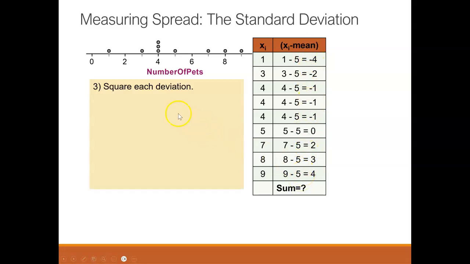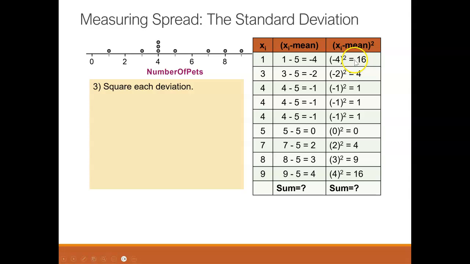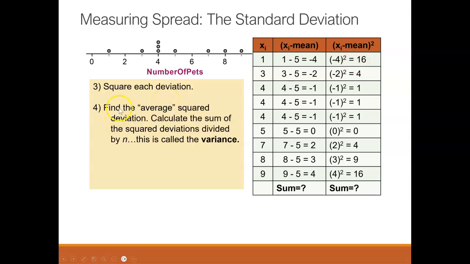I'm then going to square each of these deviations because I really want to be looking at a distance, not, so this shouldn't be negative. So I'll square those. And then we're going to find the average of these squared deviations.